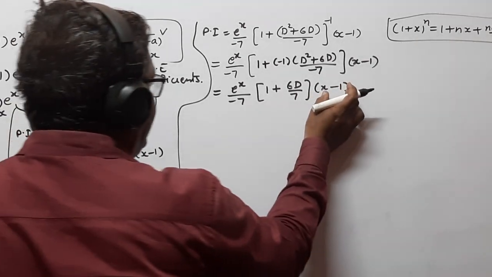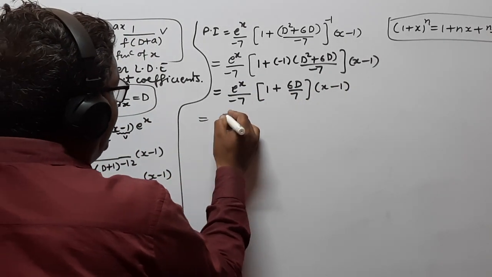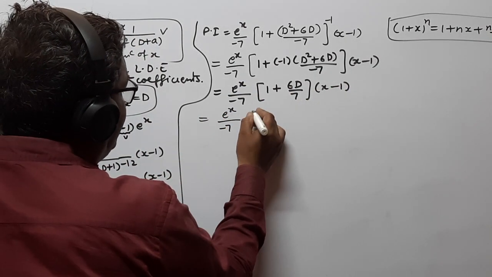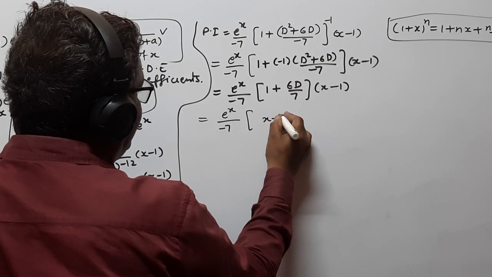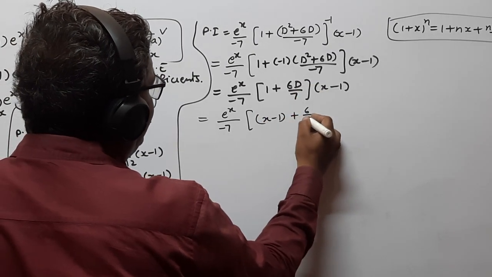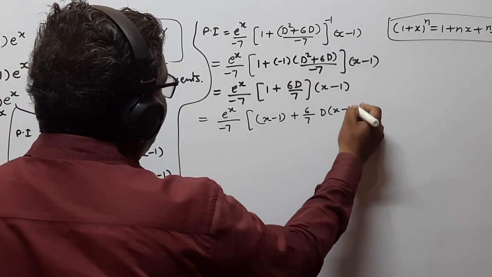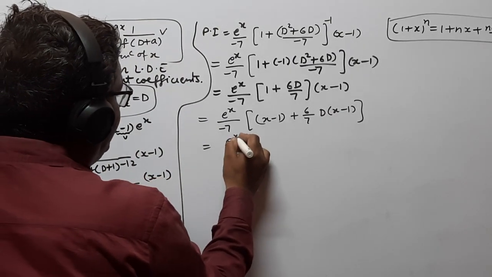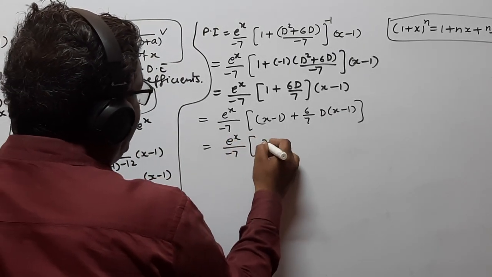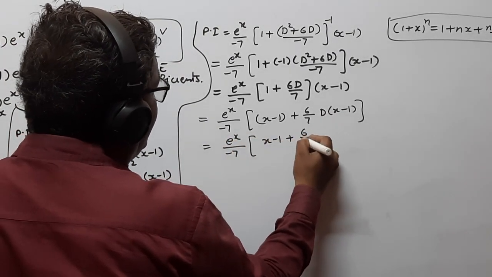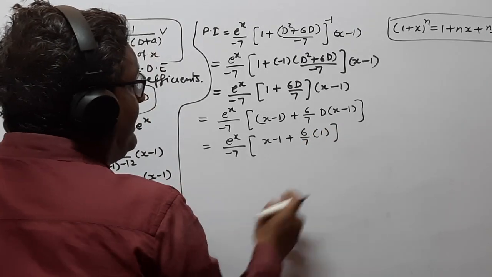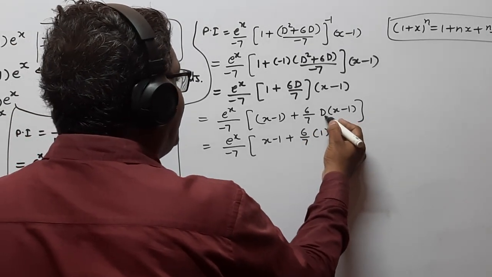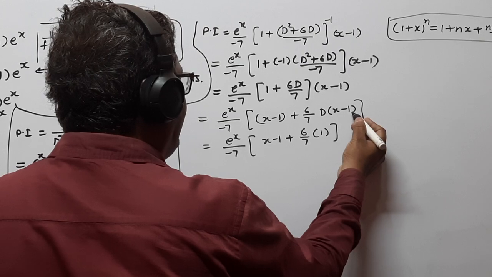Now we multiply this x minus 1 in the bracket, we get e to the power x upon minus 7. Here we multiply x minus 1 plus 6 by 7, differentiation of x minus 1. So this is e to the power x on minus 7, x minus 1 plus 6 by 7 times 1. And we differentiate x with respect to x, we get 1, and differentiation of 1 will be 0.